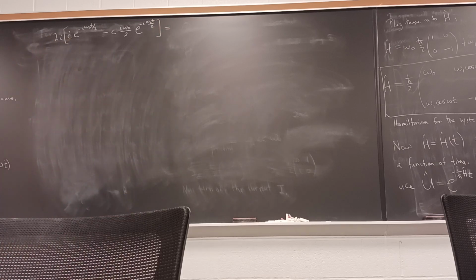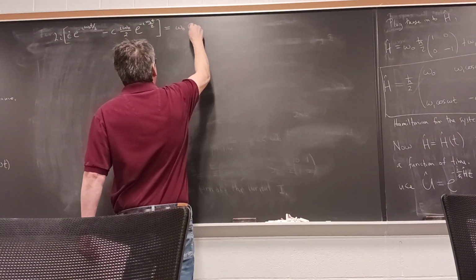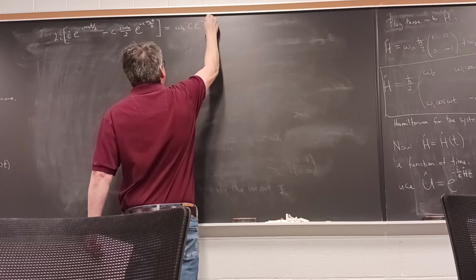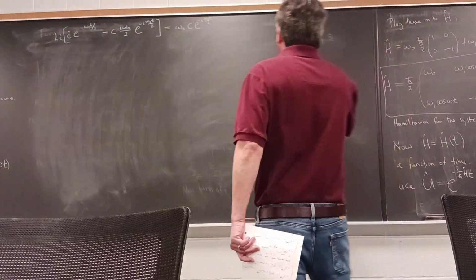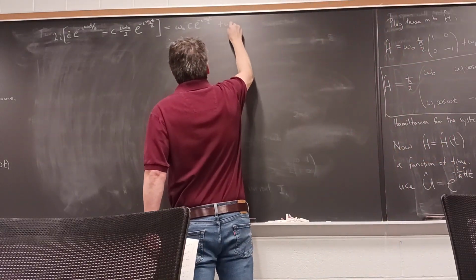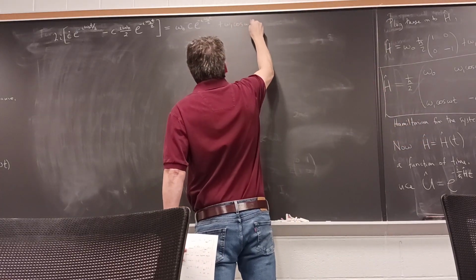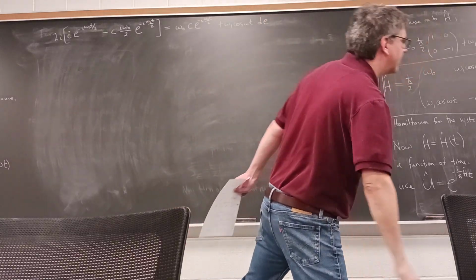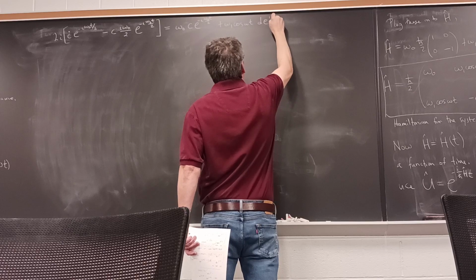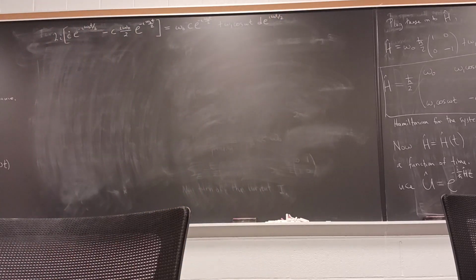That has to equal omega 0 A, which is C e to the minus i omega 0 t over 2, plus omega 1 cosine omega t and B, which is D e to the plus i omega 0 t over 2.